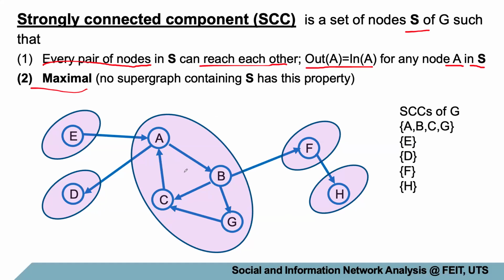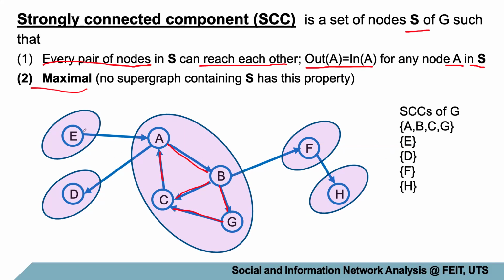So for example, here, we have some SCCs. The first one is this big SCC, A, B, C, G. You can see they can go to each other. Any two nodes can reach each other.